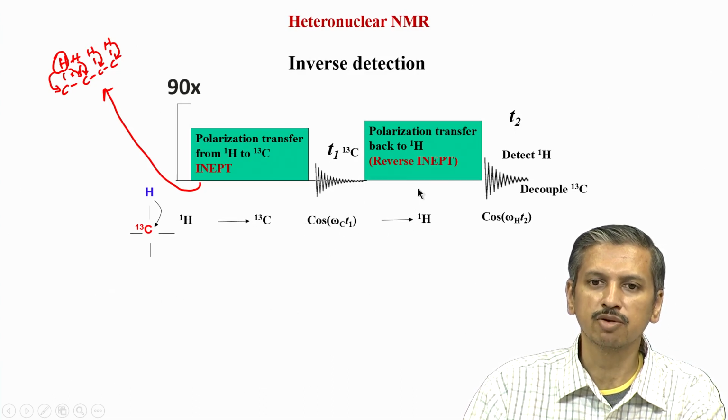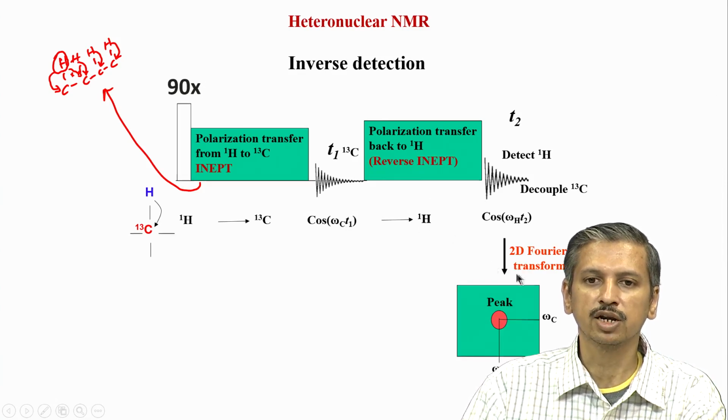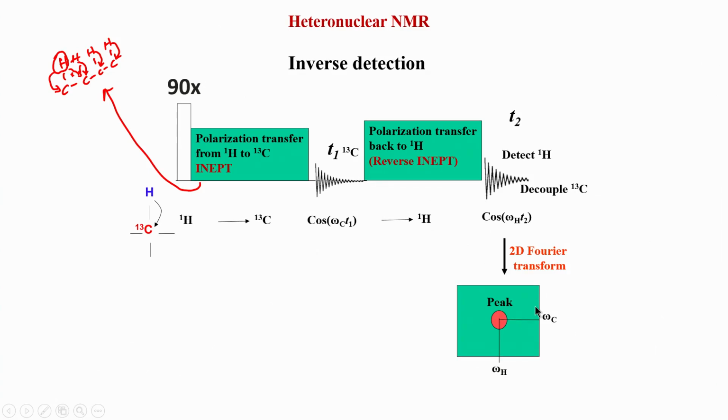This is similar to any 2D NMR experiment, but now it is a carbon to proton correlation. If you do a Fourier transform, compared to what I showed in the previous class, the direct dimension, that is the detection dimension, is proton, that is t2, whereas the t1 dimension, the indirect dimension, is carbon, which is coming from here.